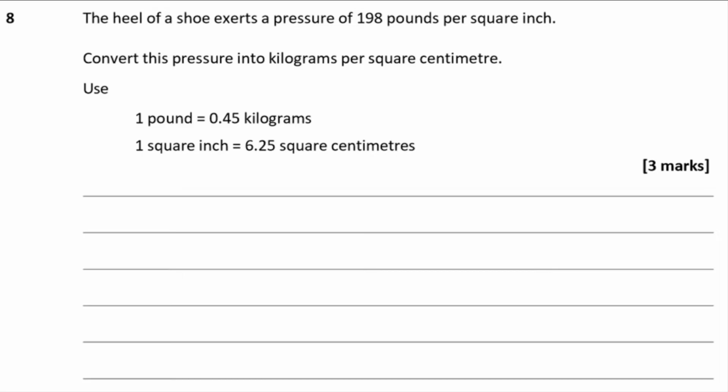Question 8. The heel of a shoe exerts a pressure of 198 pounds per square inch. Convert this pressure into kilograms per square centimeter. Use 1 pound equals 0.45 kilograms and 1 square inch equals 6.25 square centimeters.